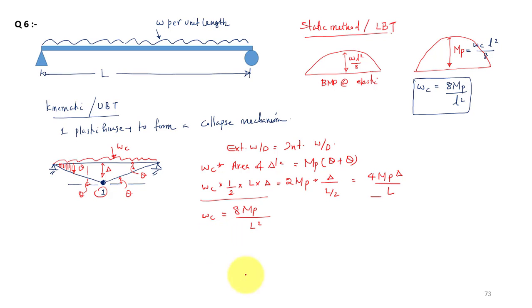You can also write this WC, the collapse load, as in kilonewton. So that is WC equal to 8 MP by L.